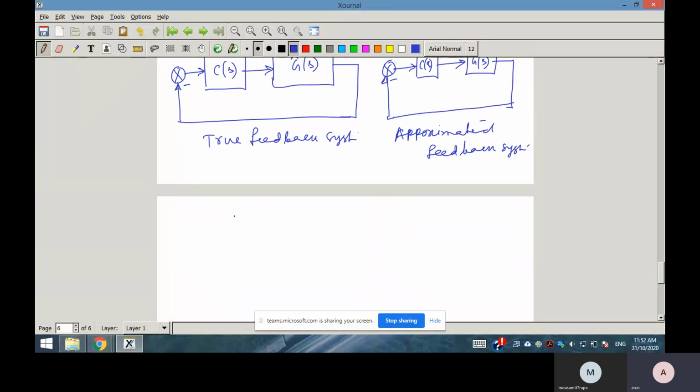Now, the true loop transfer function or actual loop transfer function. What is your actual loop transfer function? L hat S from this diagram is G hat S into C of S. What is your G hat S?